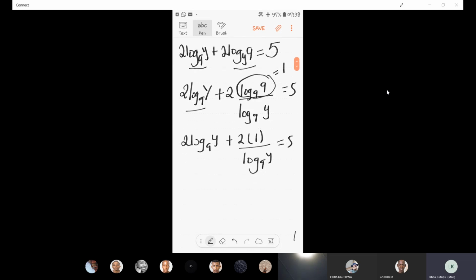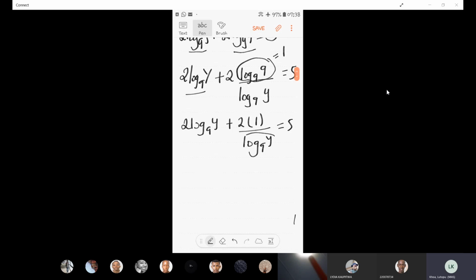And then from here we want to get rid of our denominator. So I'll multiply throughout by the denominator, log base 9 of y. Those two will obviously cancel out, and then here I have 2 log base 9 of y times log base 9 of y.